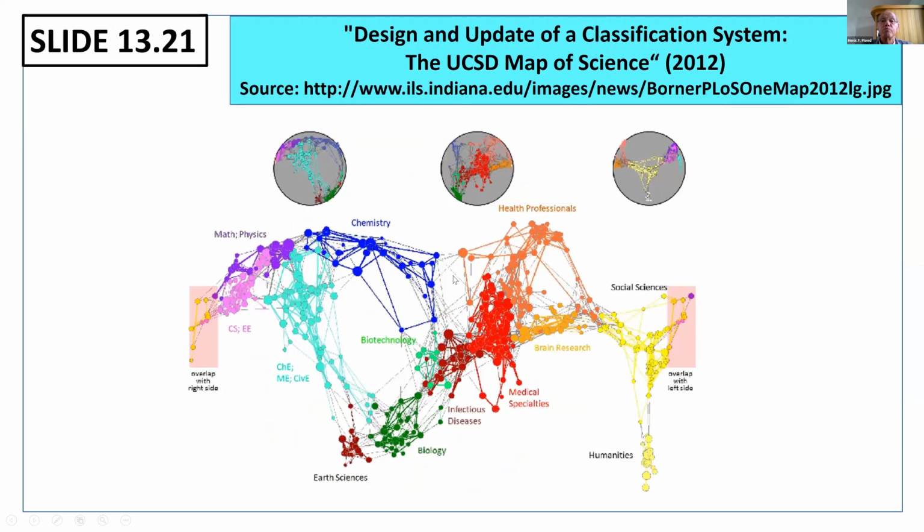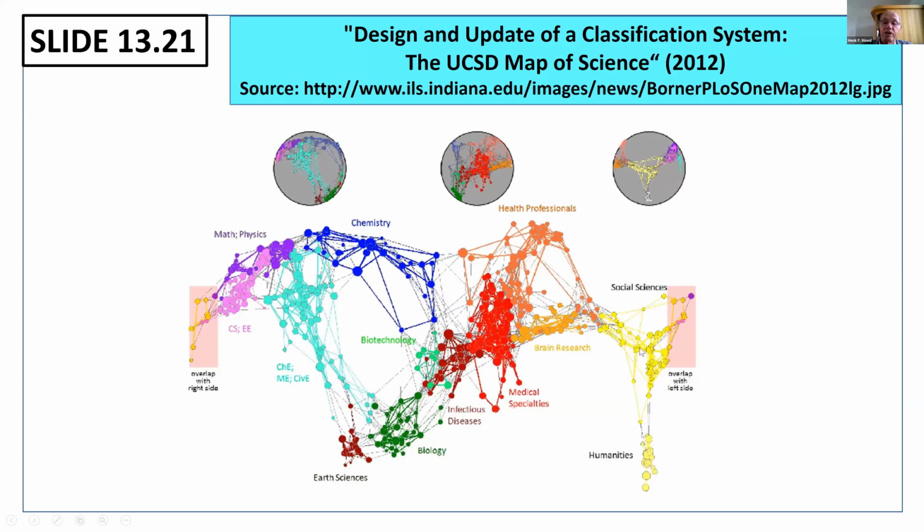This is a much more modern map, was created in 2012. It's also based on co-citation analysis, but it maps the entire corpus of papers indexed in the Science Citation Index. And you see here the different disciplines. And it looks really like a world map.